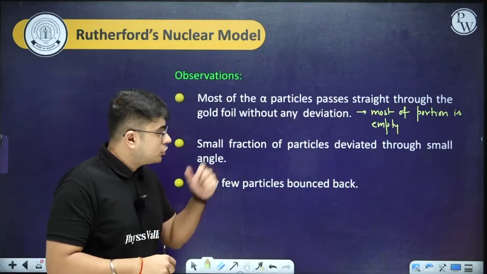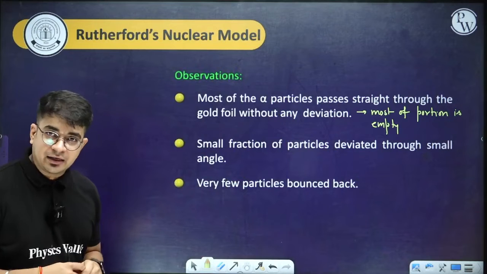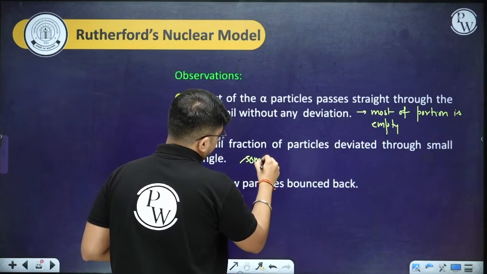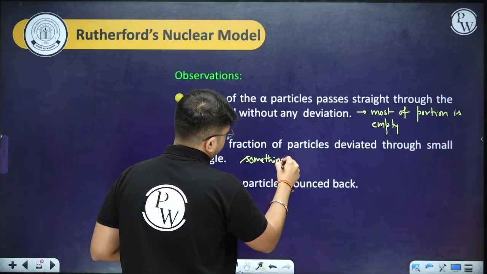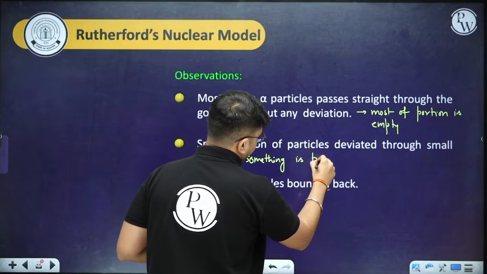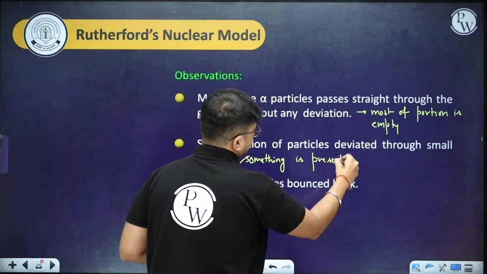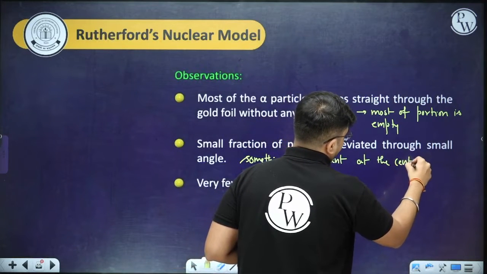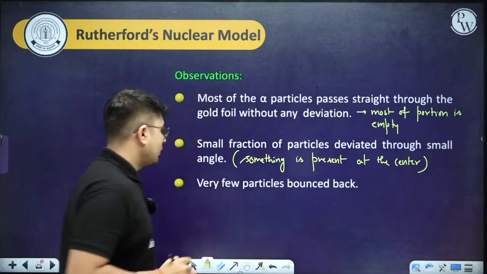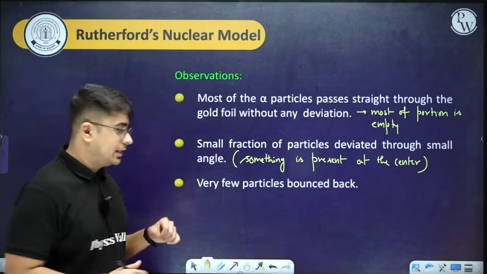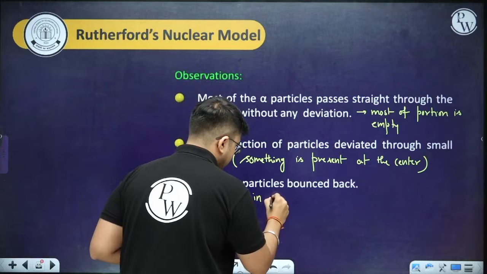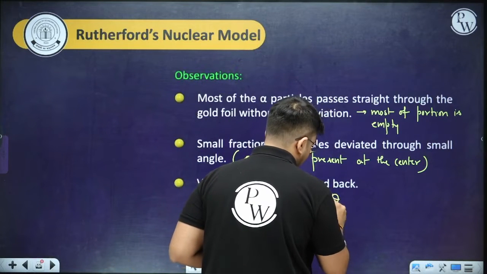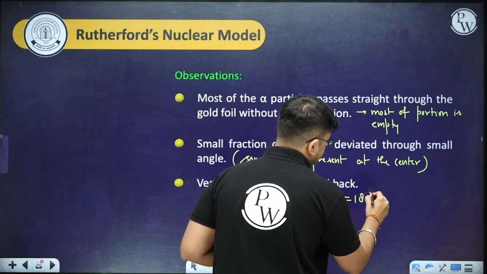Now a small fraction of particles deviated through a small angle, which shows something is present at the center. Now very few particles bounce back. It means one in approximately 20,000 particles had an angle of deviation of 180 degrees.